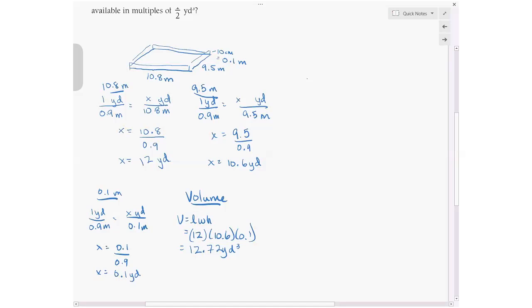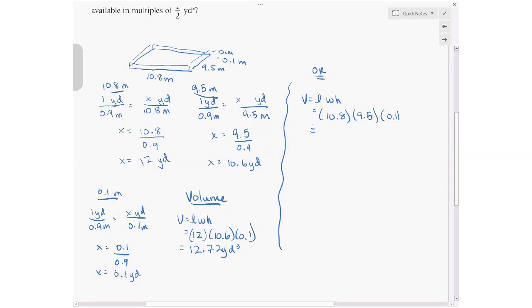Okay, now the other way we could do it, we could say, well, our volume is length times width times height. Length is 10.8. Width is 9.5, because now we're doing it in meters, and that's by 0.1.